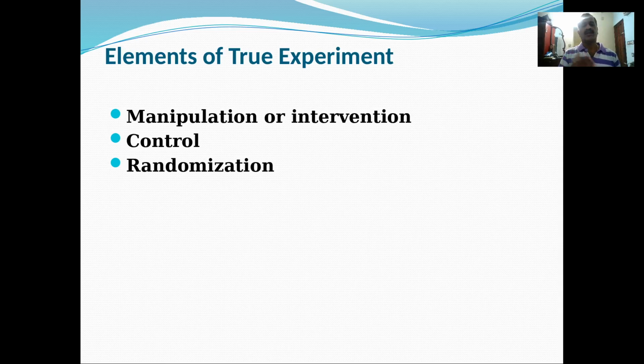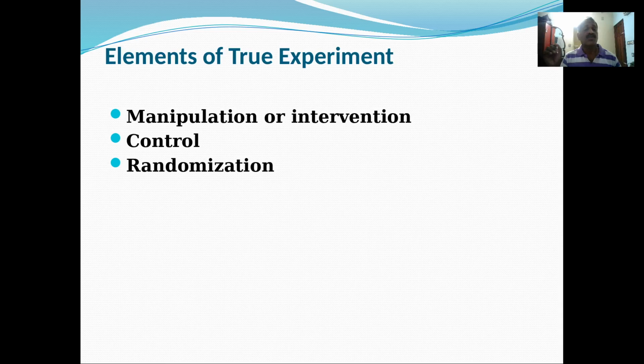So this is control. Then randomization, as I mentioned before, is a random allocation of subjects into experimental and control group. Without any bias, without any subjectivity, we should allocate subjects into the experimental group and the control group.